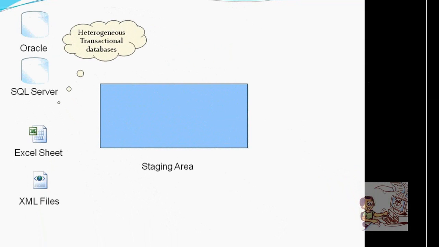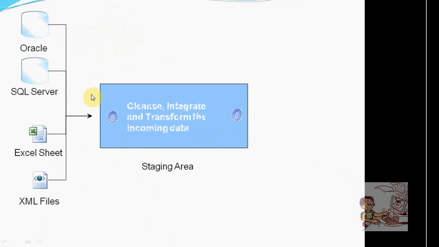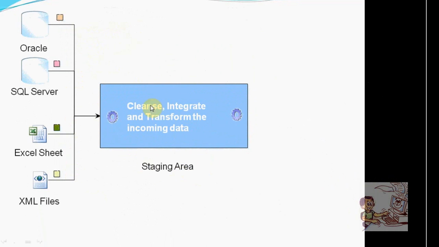So here we have the architecture. These are the DB tools, DBMS. This is the ETL process, extraction. Here we are applying the transformations. Different databases we have here.